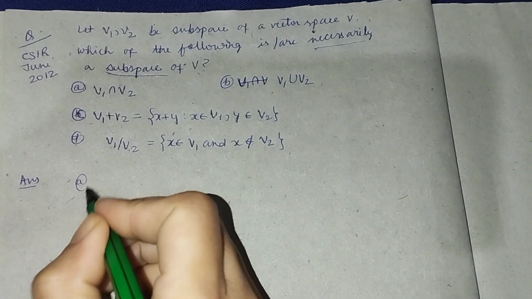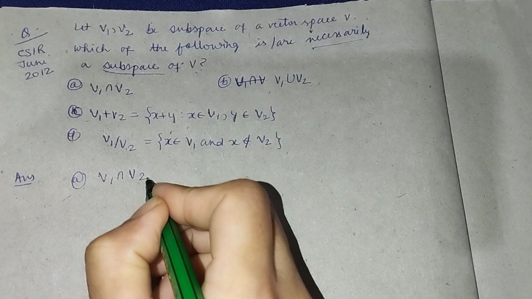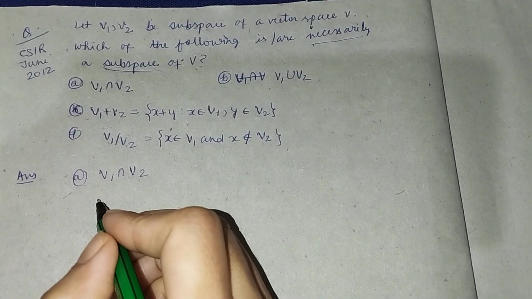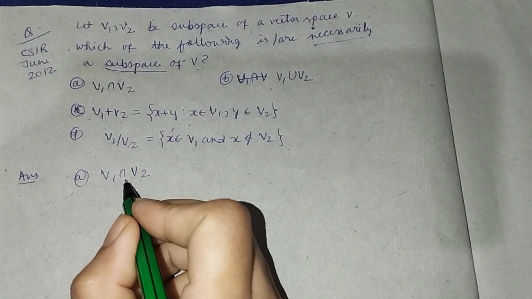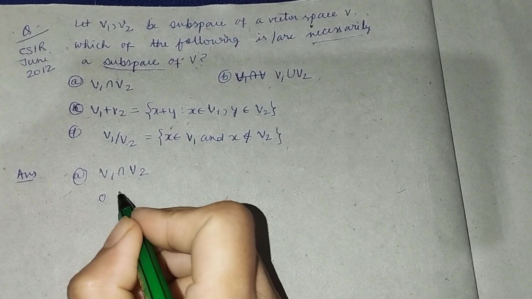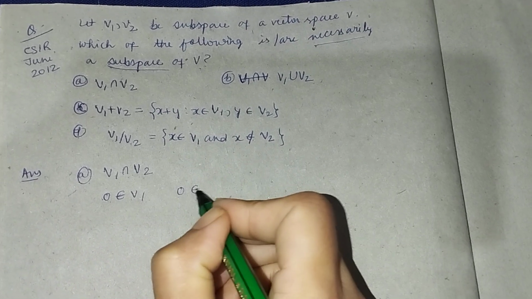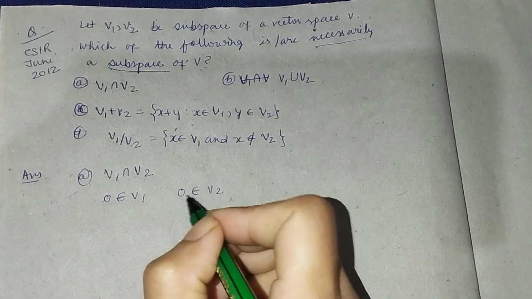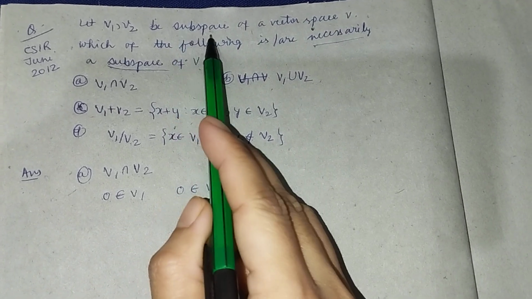So in option A, V1 intersection V2, we know that 0 belongs to V1 and 0 belongs to V2, since both of them are subspaces, as given here.